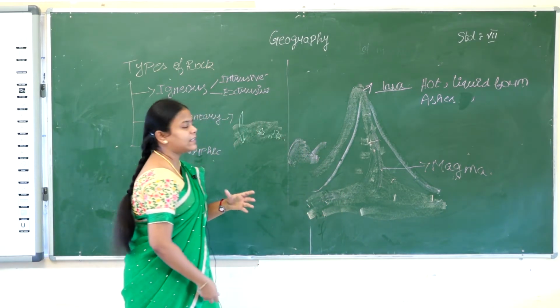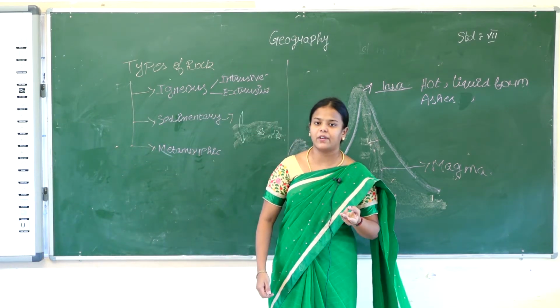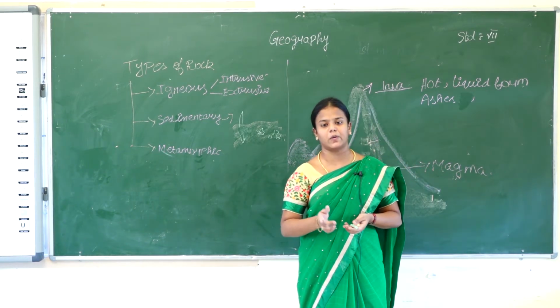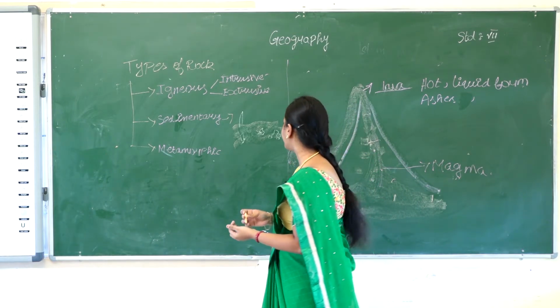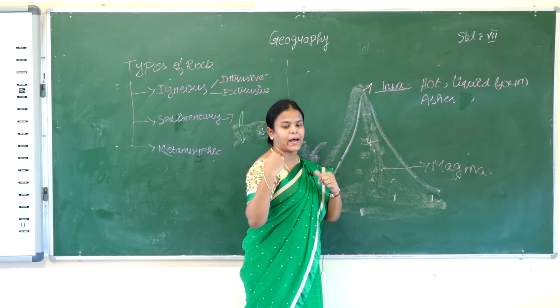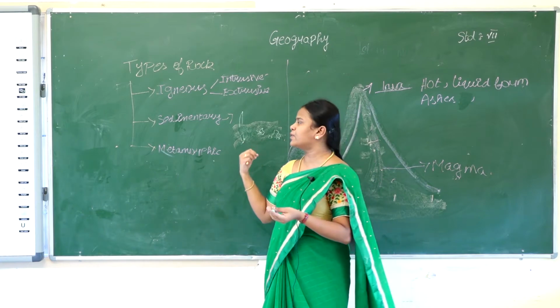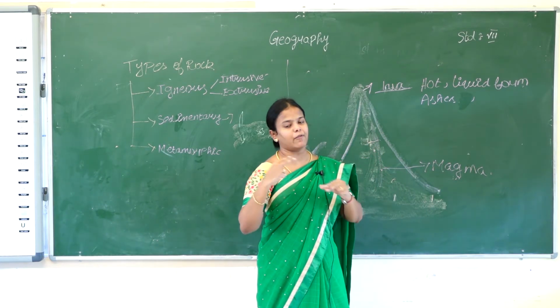Let's recap. There are three types of rocks: igneous rocks, sedimentary rocks and metamorphic rocks. In igneous there are two types: intrusive rocks and extrusive rocks. Intrusive rocks are formed from the magma which is inside, and they form inside. Extrusive rocks form when the magma bursts and comes outside, and the rock is formed outside.